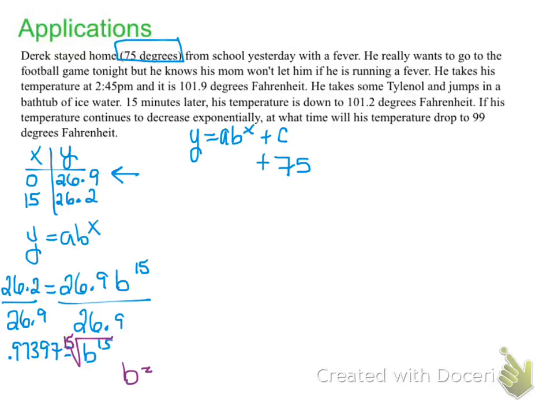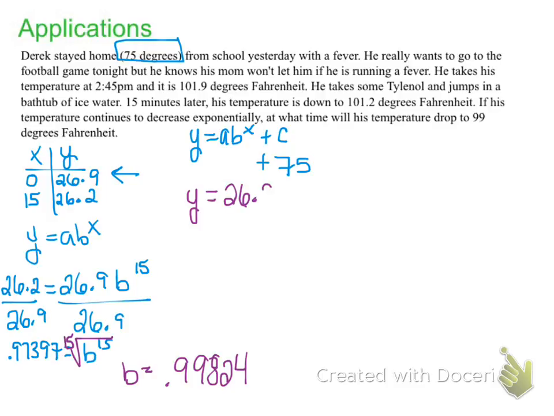What that tells me is my b value is 0.99824. Sorry, I wrote my decimal in the wrong spot.